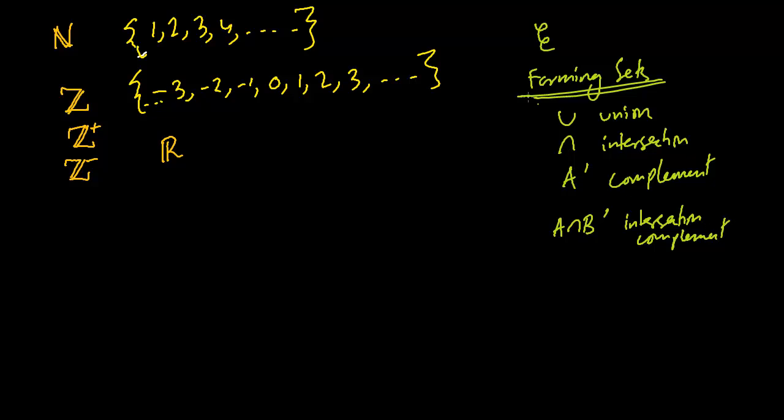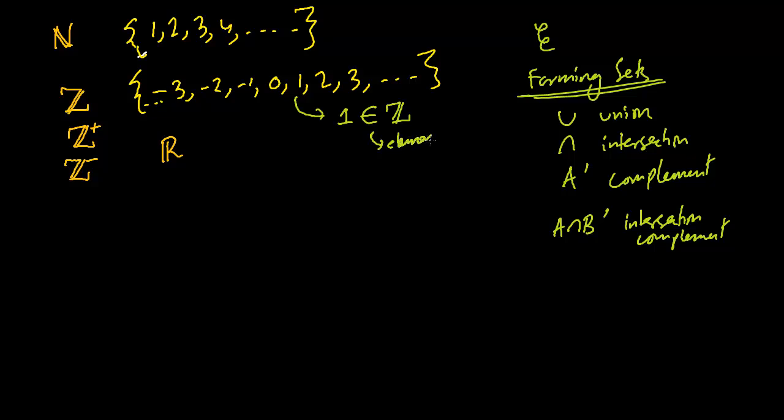Now, apart from that, we have some notation that we need to know. For example, this is element of a set. If this one is the element of a set, we write 1 is an element of the set of integers. So that's the element notation.